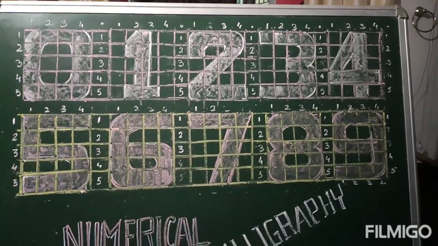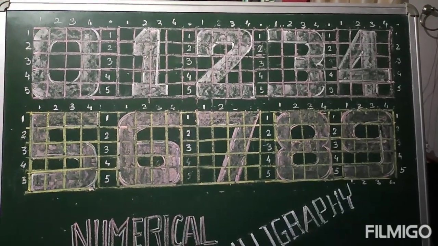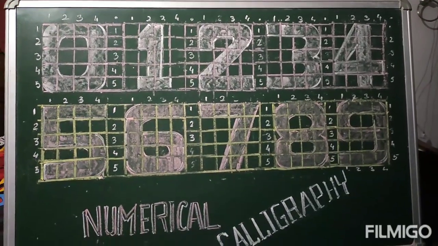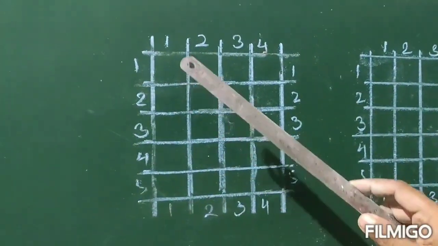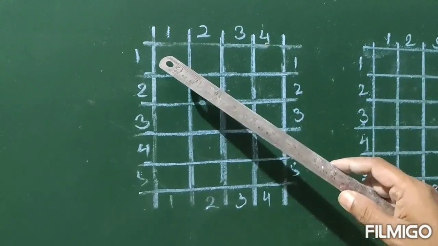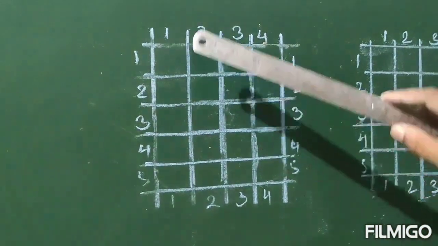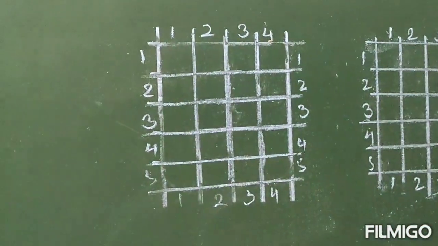Okay, so just follow and continue the same with me. Thank you. To create numbers, we'll take 4 horizontal boxes and 5 vertical boxes, right?